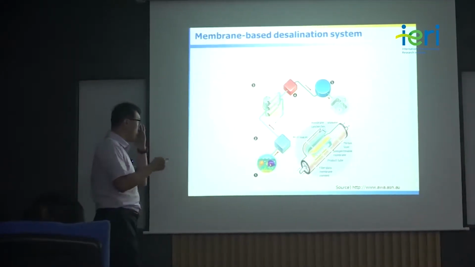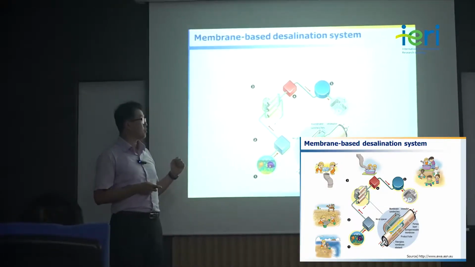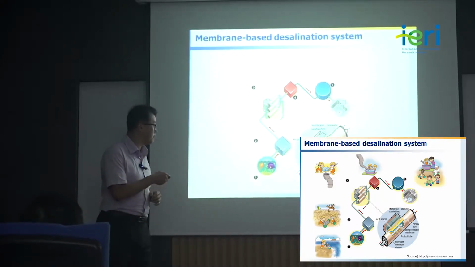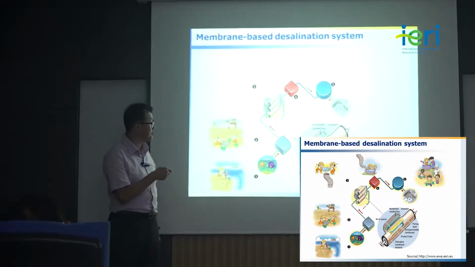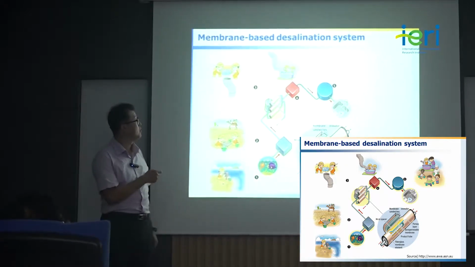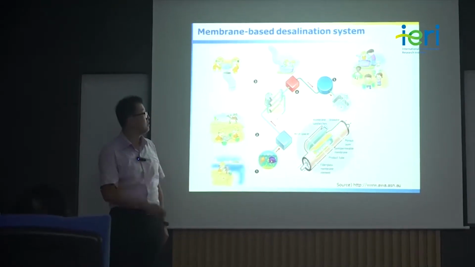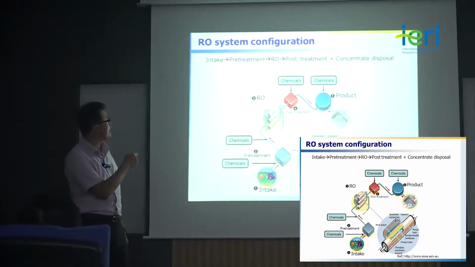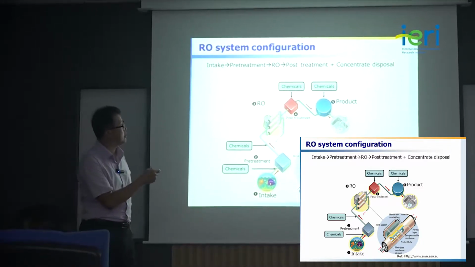So this figure looks more realistic. This step is intake, as you can see from here, then pre-treatment, reverse osmosis membrane, post-treatment, and finally distribution. So I can say again: intake, pre-treatment, reverse osmosis, post-treatment, and concentrate disposal.